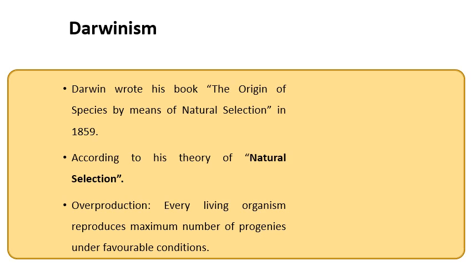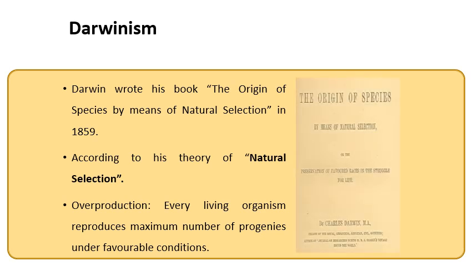But unfortunately, all these offsprings or progenies do not survive, because most of the offsprings undergo mortality or death due to some natural calamities or due to shortage of food and shelter. So this concept of Darwin was called overproduction or prodigality of nature.